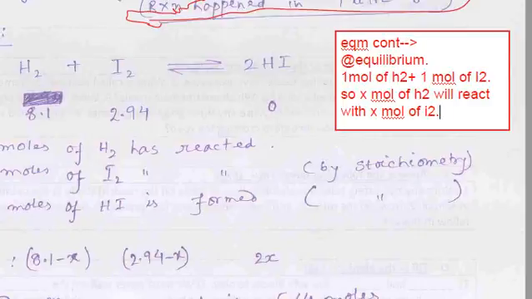Now what happens at equilibrium? At equilibrium, X moles has reacted, so 8.1 minus X remaining, 2.94 minus X remaining, and 2X moles of hydroiodic acid has been formed.